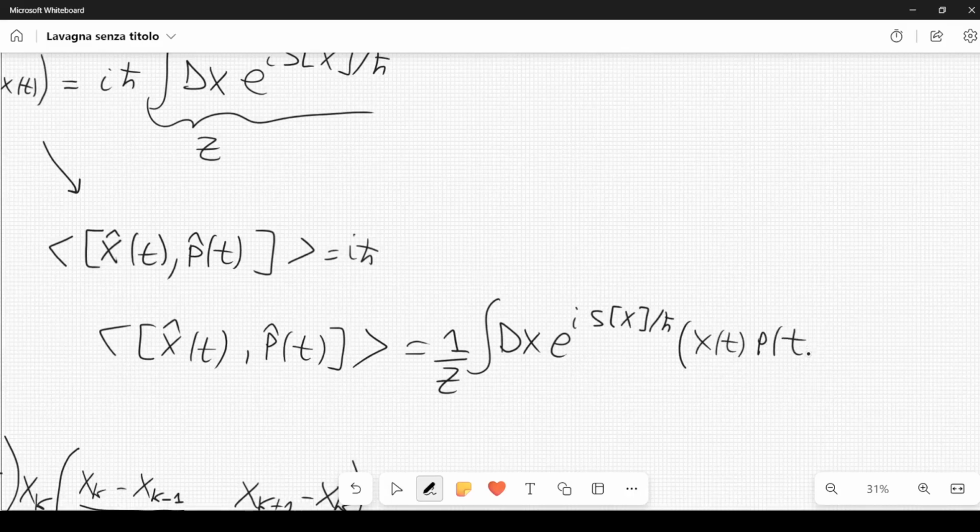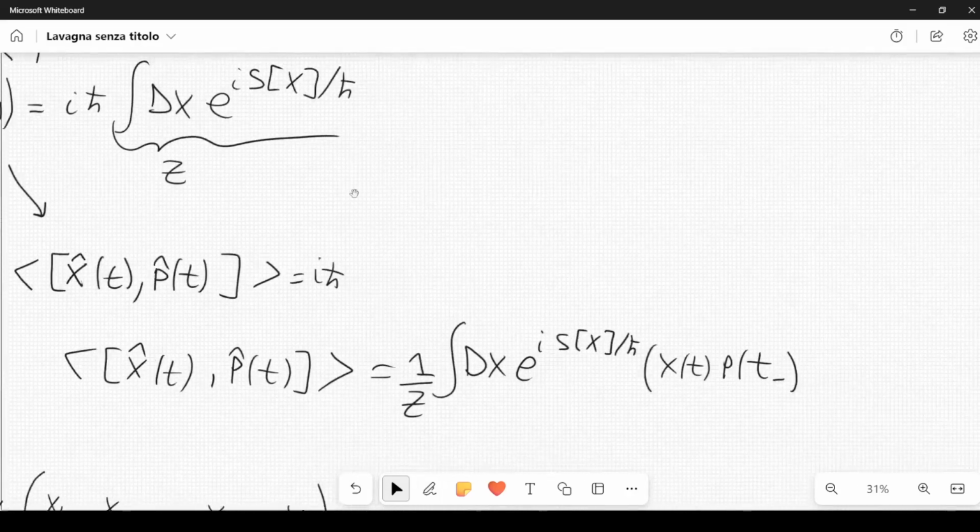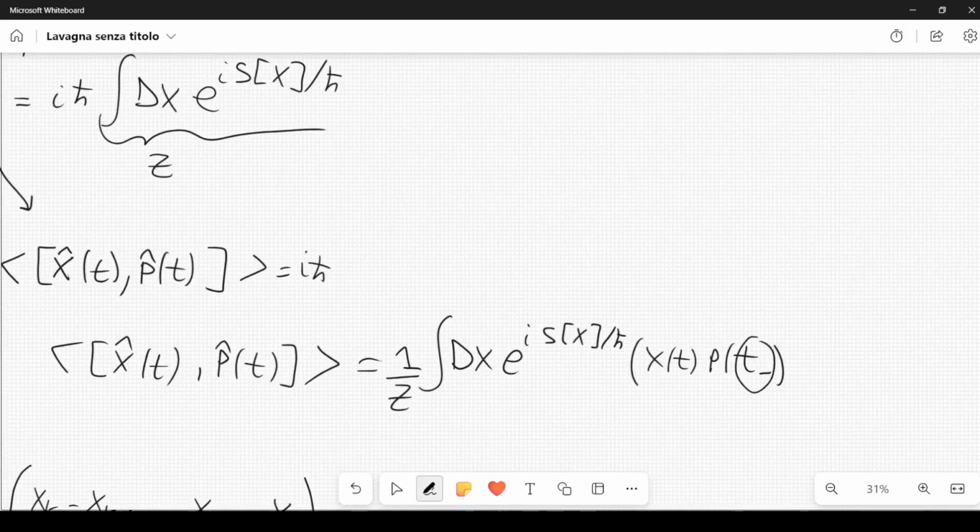You have to pay attention to this: this t minus will approach t, but from the left, because t minus is smaller than t. And then we have minus p of t plus x of t, where t plus is slightly greater than t but is approaching t. So this is how you should interpret this expression.